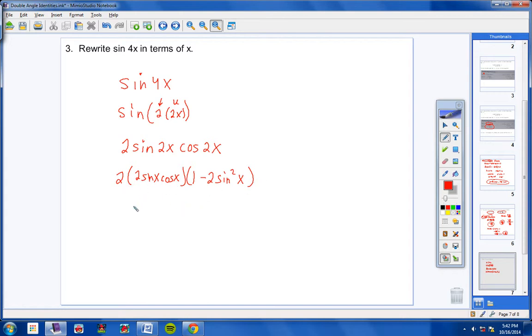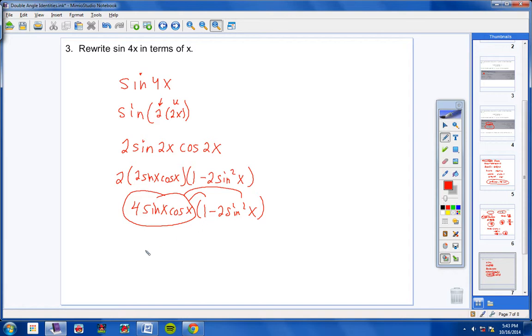2 times this whole expression here would be 4 sine x cosine x times 1, if I can write a 1 here, 1 minus 2 sine squared x. And now multiply this through, so this is one term. So take this one term times 1, and this one term times this term.